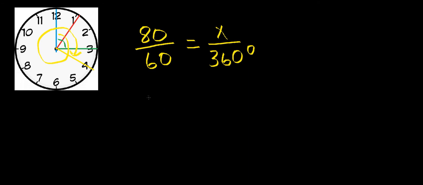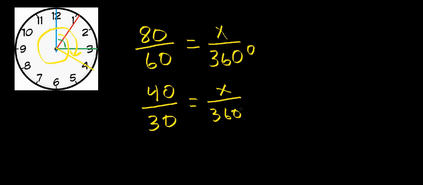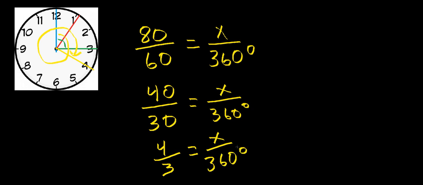360 degrees. Now let's simplify this left side fraction. 80 over 60, and I'm going to do this in 2 steps: 40 over 30 equals x over 360 degrees, which is the same as 4 over 3 equals x over 360 degrees.